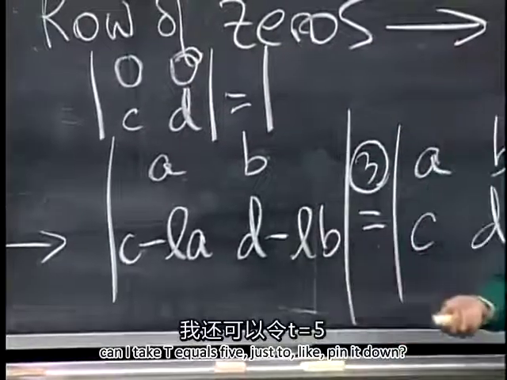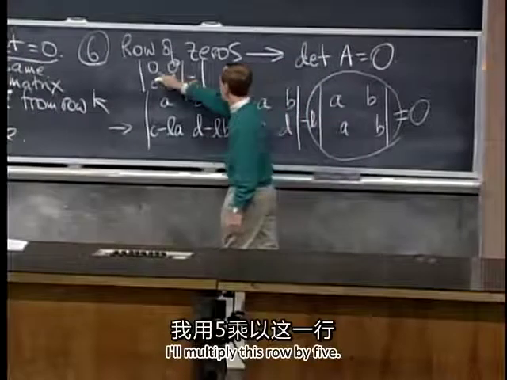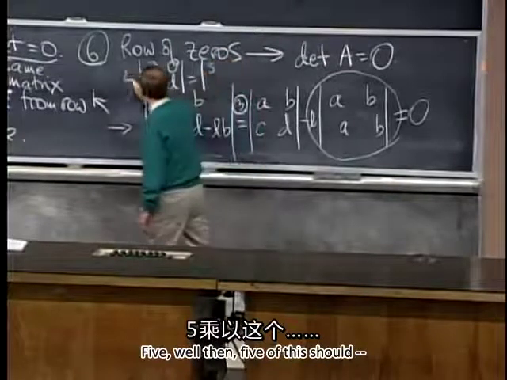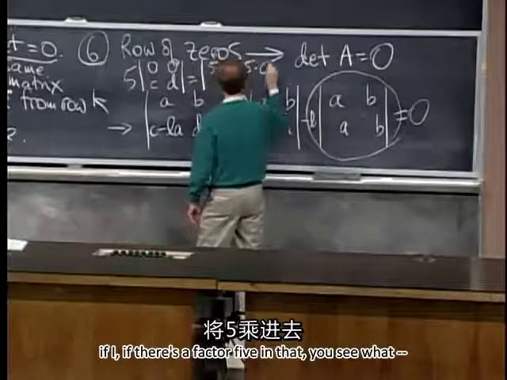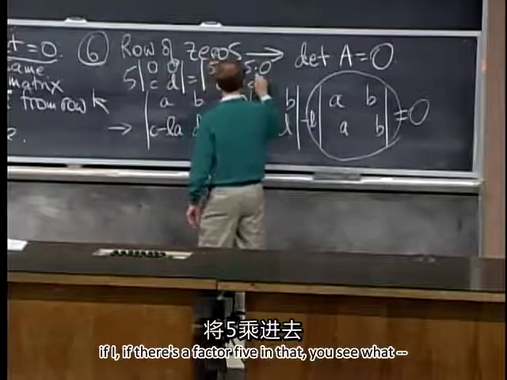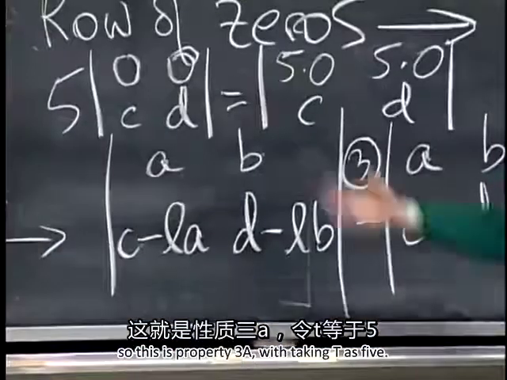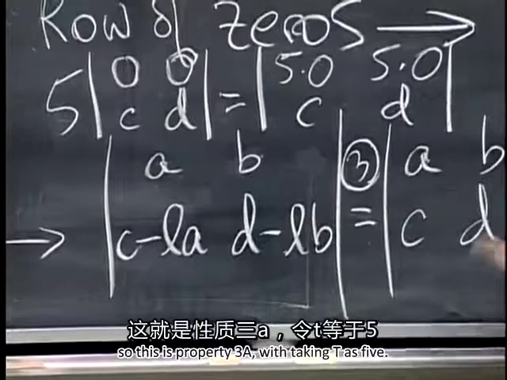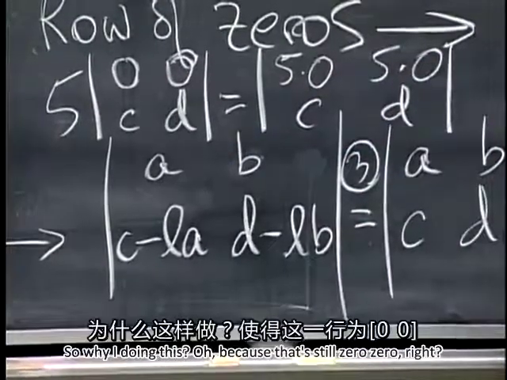Can I take t equal 5? Just to, like, pin it down? I'll multiply this row by 5. Well, then 5 of this should, if there's a factor 5 in that, you see what? So this is property 3A with taking t as 5. If I multiply a row by 5, out comes a 5. So why the heck am I doing this?